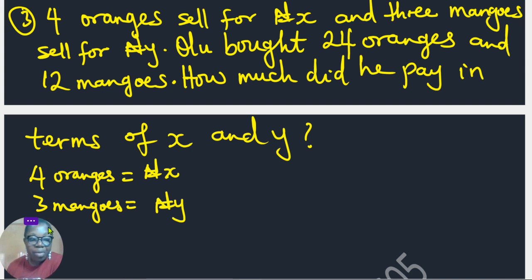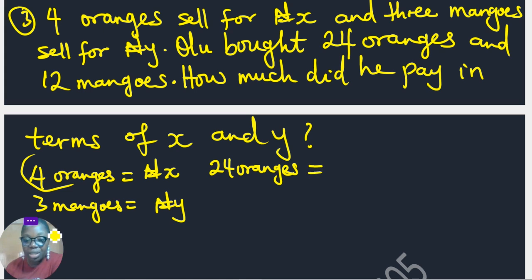If 4 oranges cost X naira, how much will 24 oranges cost? Don't forget that when you divide 24 by 4, we are going to have 6. Which means X naira will be multiplied by 6. That will be 6x.